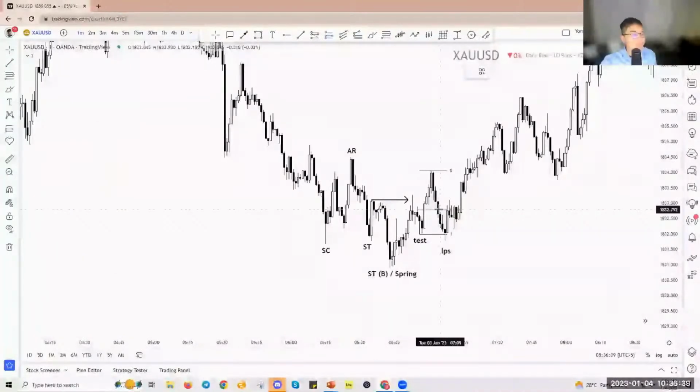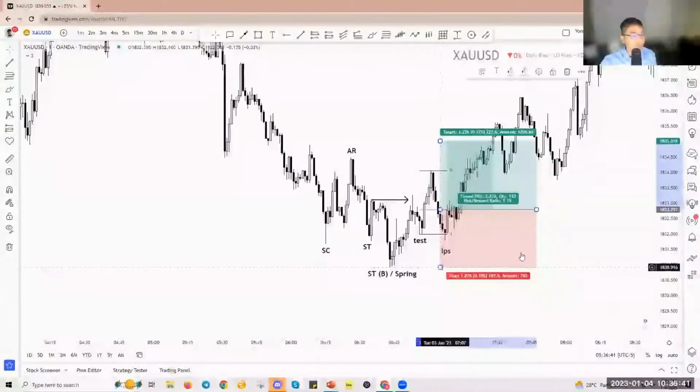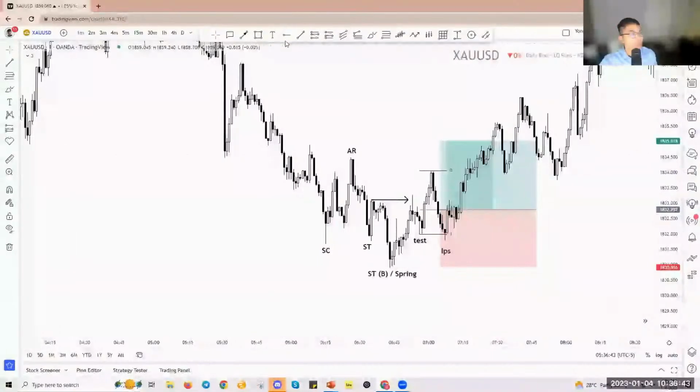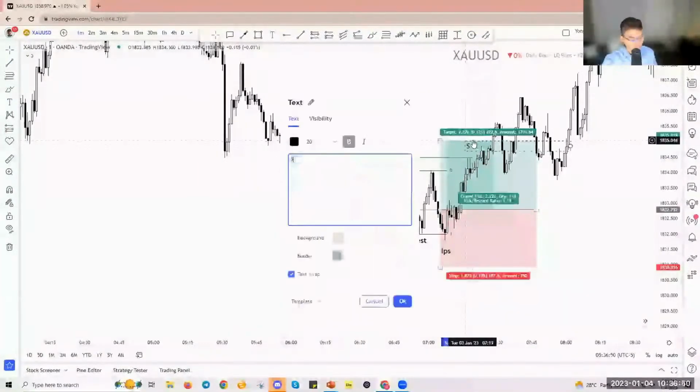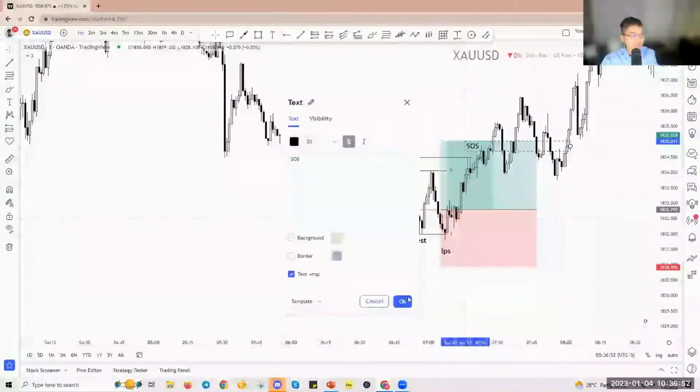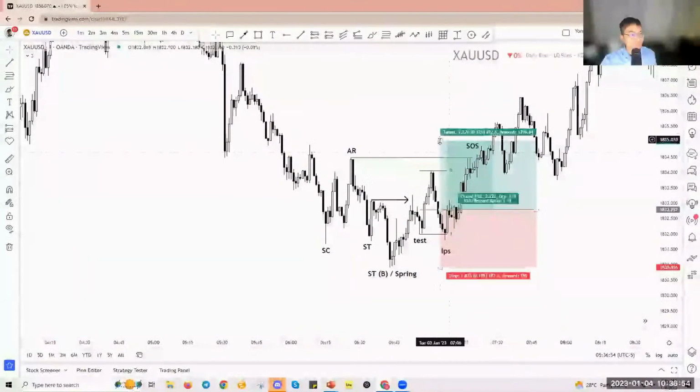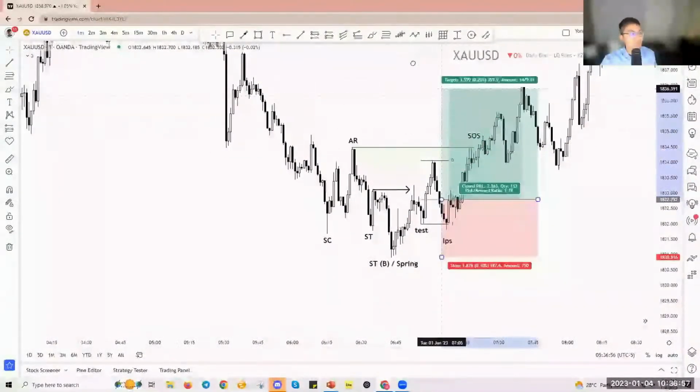Long it right here. Stop loss below the STB and the spring. Your first take profit target, just remember, is here again. First take profit target. And then the SOSB forms, sign of strength, before price continues moving upwards.